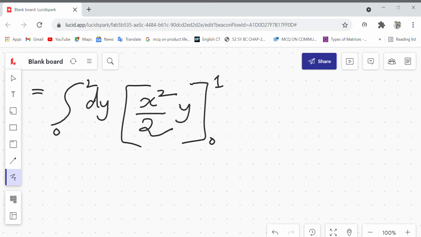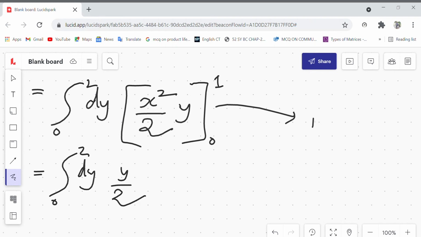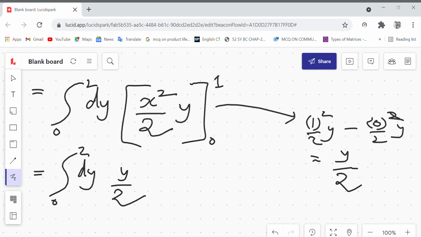So what will be there? Again, integration of 0 to 2 dy, y by 2, because on simplifying this it will be 1 square by 2 y minus 0 square by 2 y, which will be y by 2. If you can't understand, I have given here what will be this part.